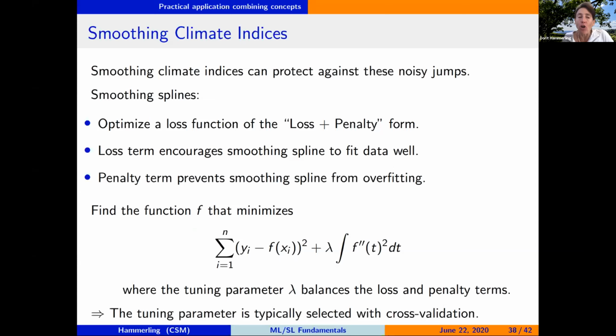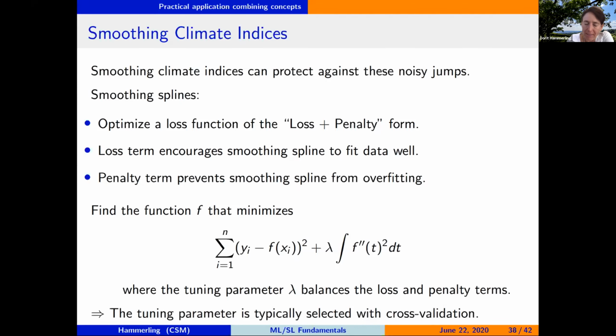There's an analogous idea, a different way of smoothing your input signals, so-called smoothing splines. And that's an idea that's analogous to the simplet splines we saw before, but in 1D, where we have a loss function that minimizes two different terms.